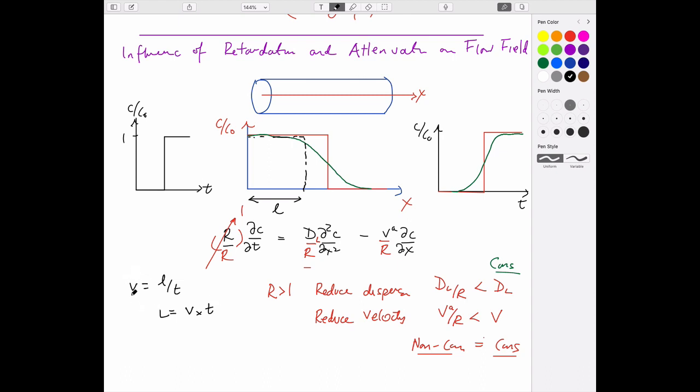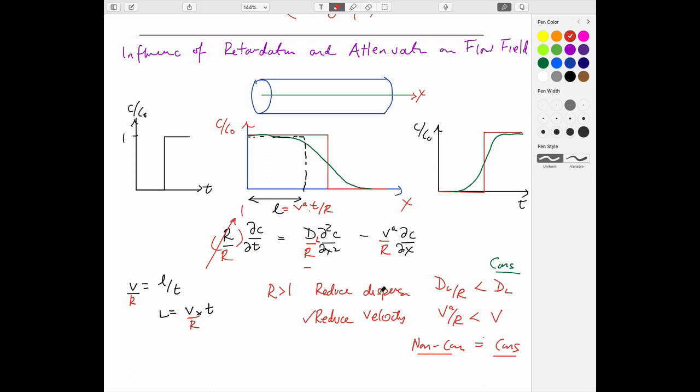If the velocity it's going at is really velocity divided by retardation, then this would be the product of advective velocity times time divided by retardation. If retardation is 1, then you'd get exactly this plot, if we believe this plug flow thing. So that's taken care of the velocity issue.